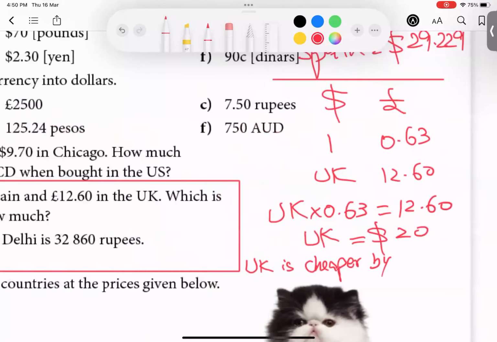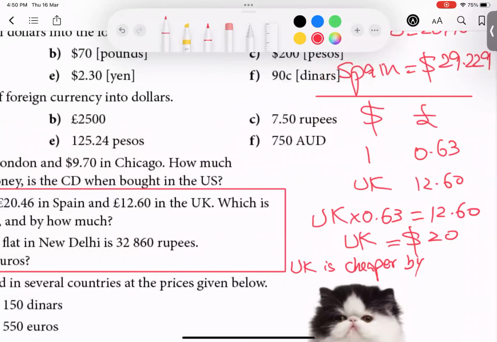So subtracting, it is very clear: 29.229 minus 20, I get 9.23. I'm writing dollars, so by how many dollars? 9.23, because currency is always written in 2DP.